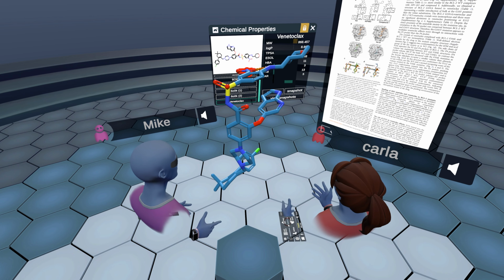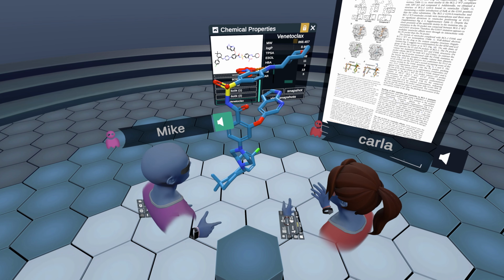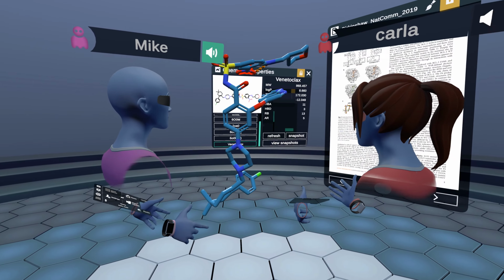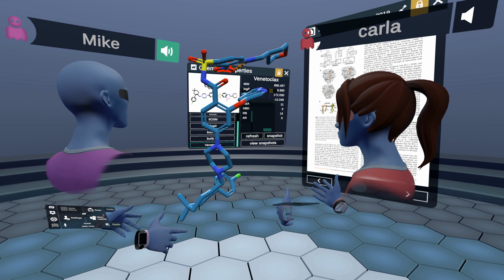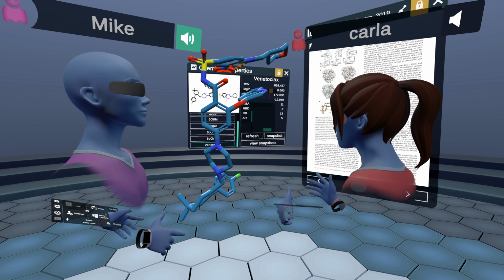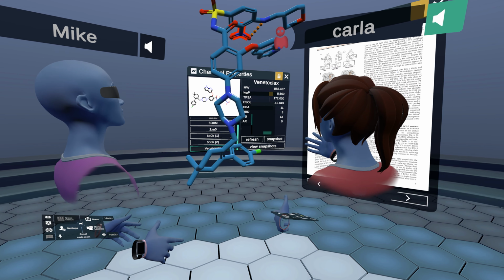True. All right. So, Carla, you mentioned a possible analog that might work better on the mutant. Should we see if we can modify Venetoclax to that compound just for fun and see what its properties would look like? Oh yeah, we can totally do that.